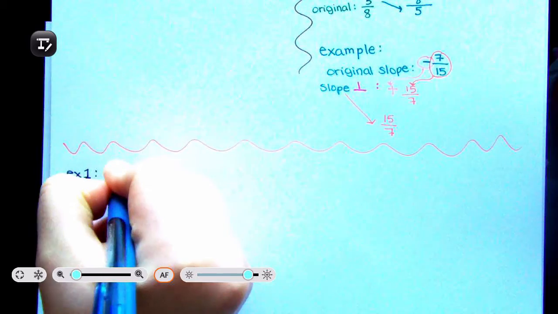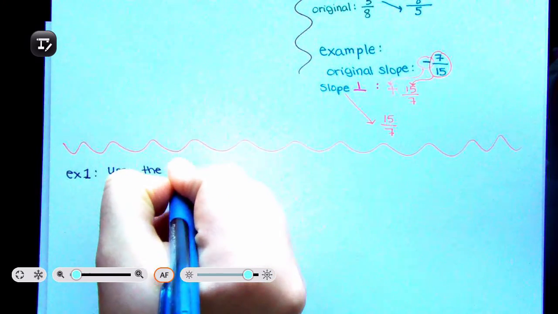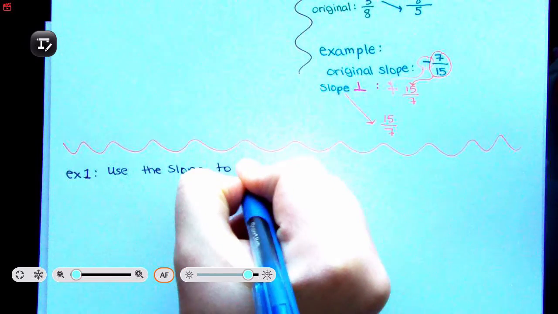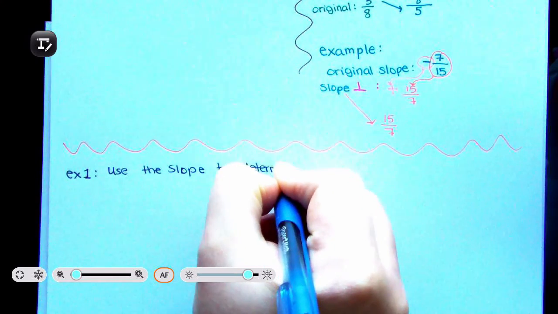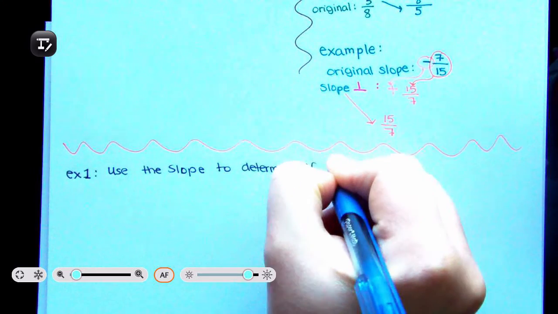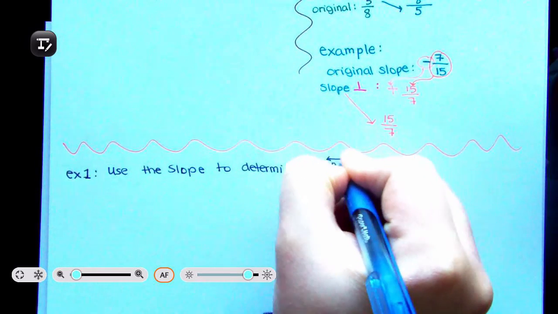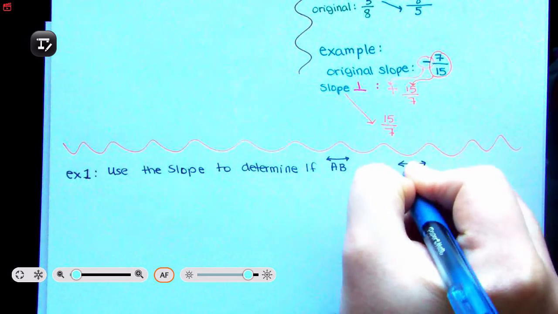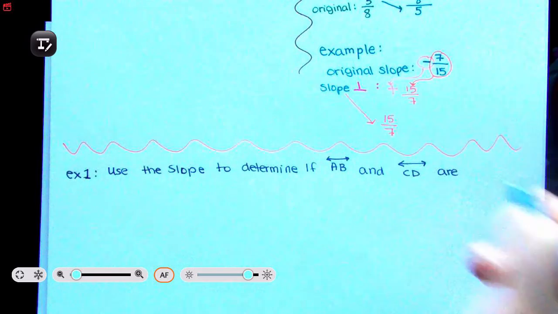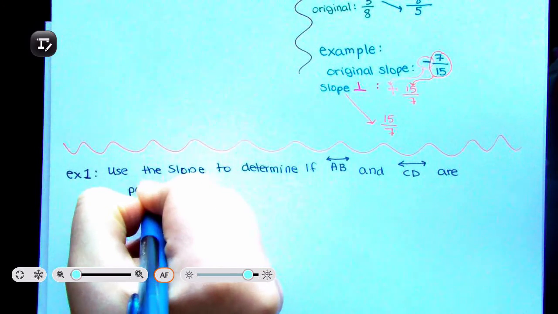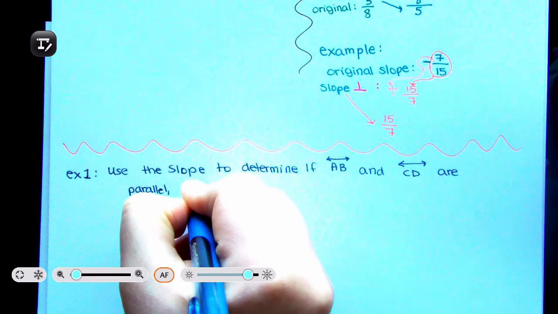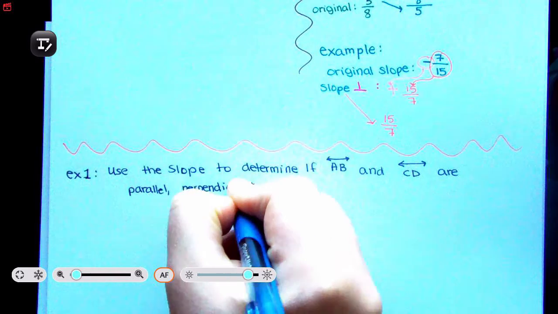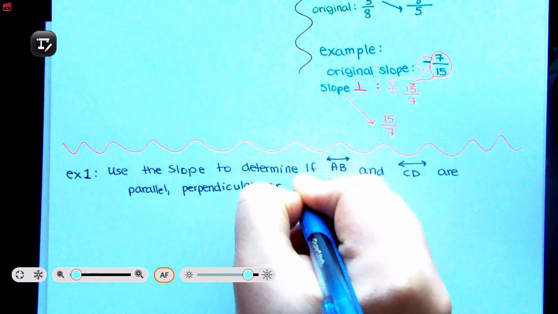Use the slope to determine if line AB and line CD are parallel, perpendicular, or neither.